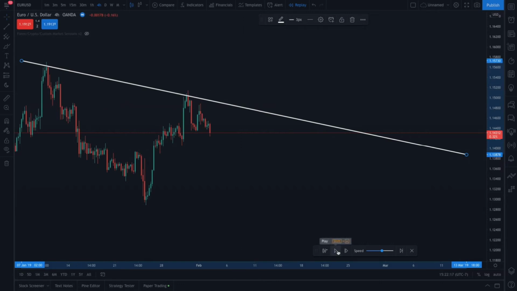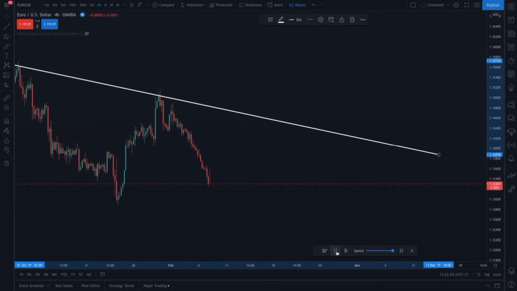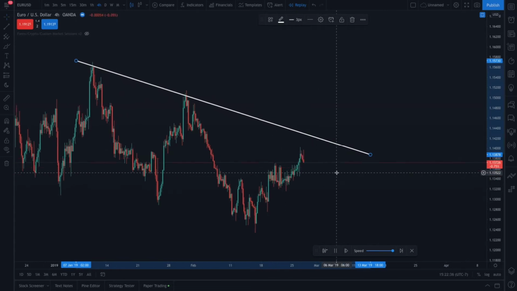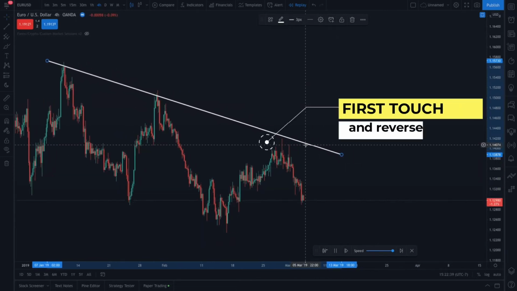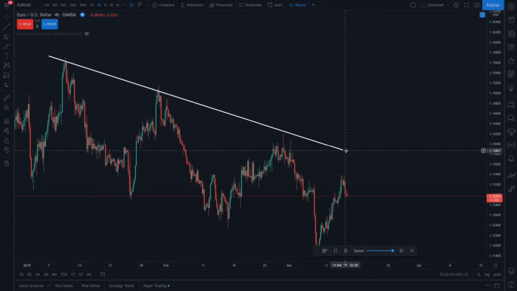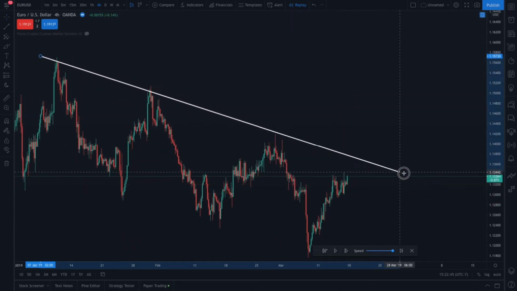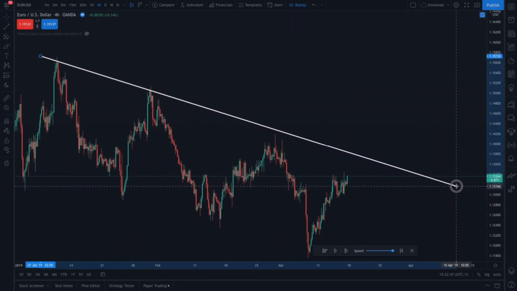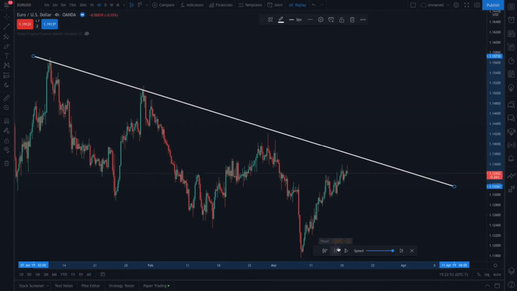Now let's look at this example. I'm just going to extend the trend line.